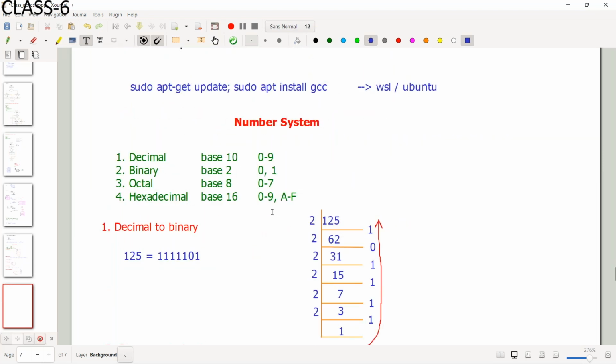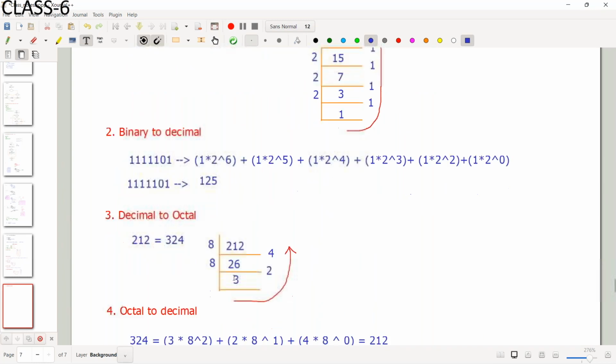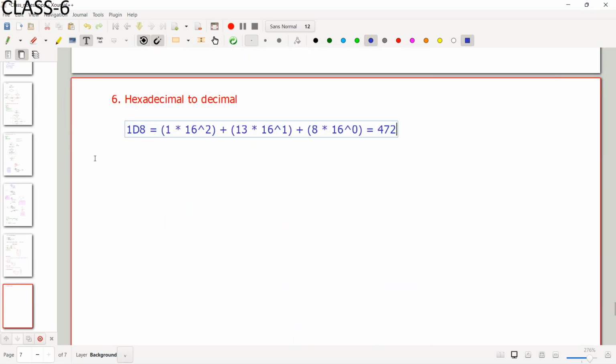So that is done. Next what we have is binary to octal and octal to binary. From binary, the conversion is actually easy.